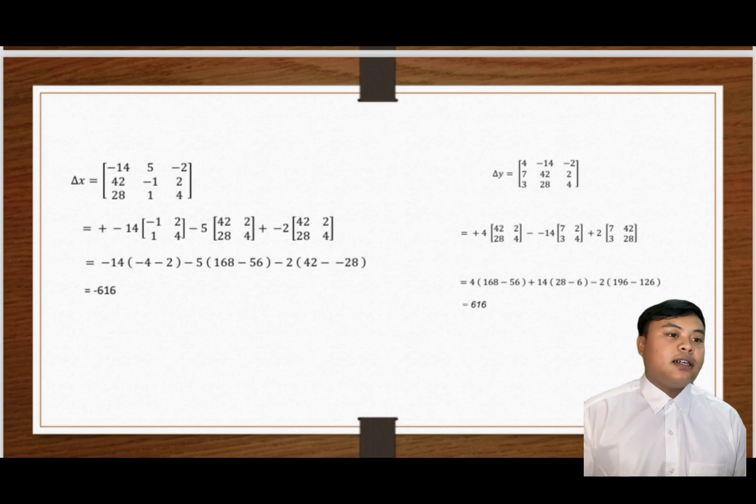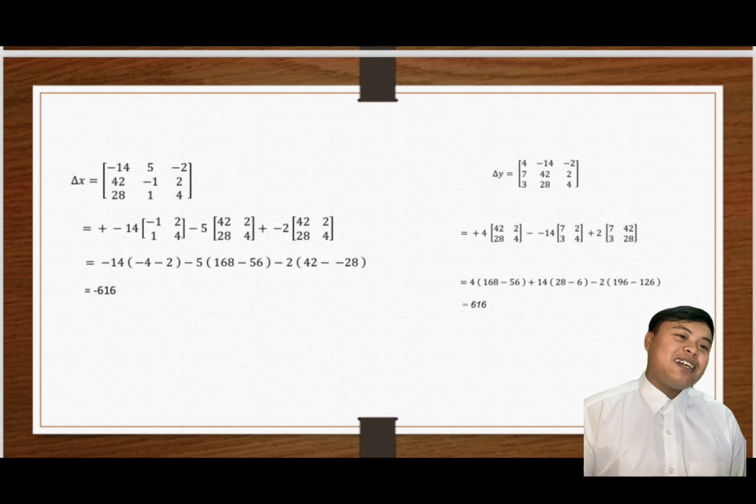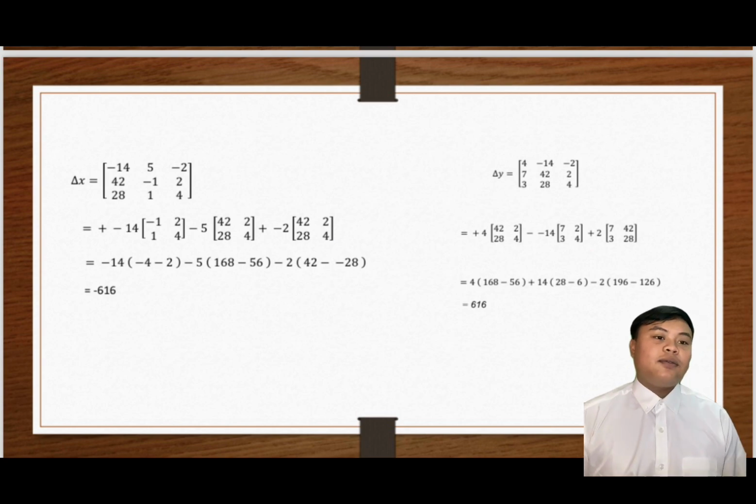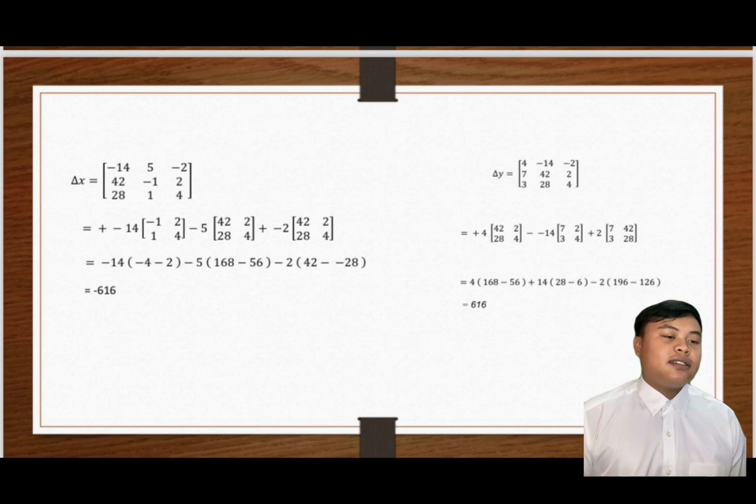The solve is 4 multiply 168 minus 56, plus 14 multiply 28 minus 6, and negative 2 multiply 196 minus 126, and the answer is 616.